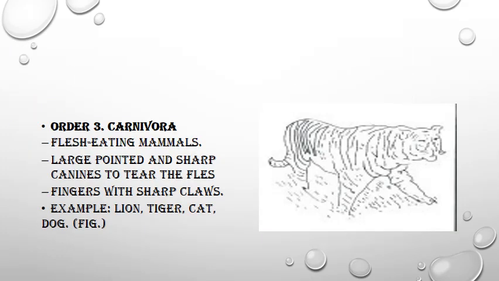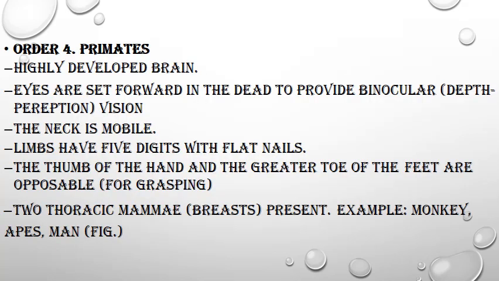This is the structure of Carnivora, flesh-eating mammals, large pointed and sharp canines to tear the flesh, fingers with sharp claws, example lion, tiger, cat, dog, etc. Primates, highly developed brain, eyes are set forward in the head to provide binocular depth perception vision.